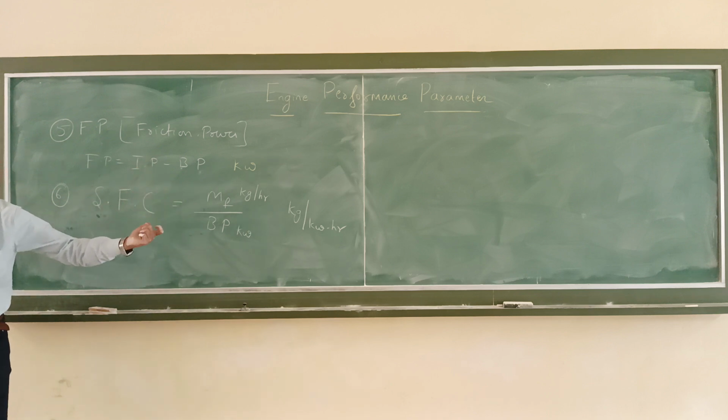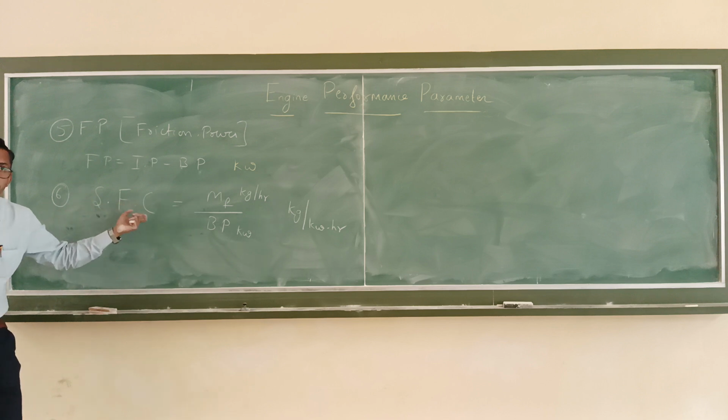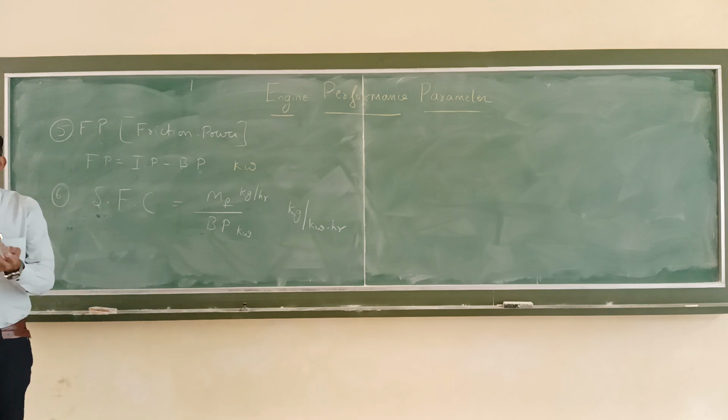So it is defined as the amount of fuel consumed per hour per unit power. That is called specific fuel consumption. It is going to tell you the fuel consumption by the engine.